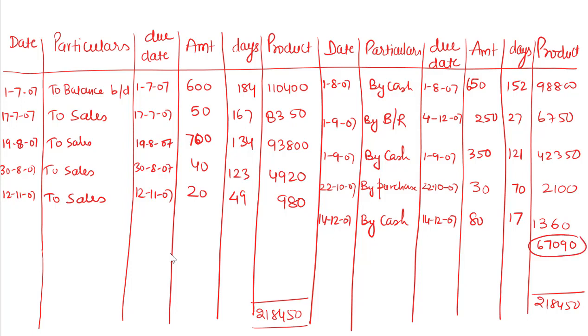Right over here, the closing date 31st of December 07, by balance of product 67090. Now on this balance of product we need to give 1 day interest in the amount column on the opposite side. So to interest, closing date 31st December 07.